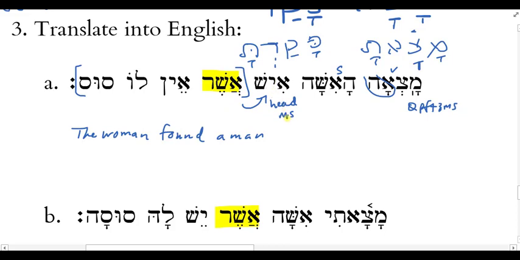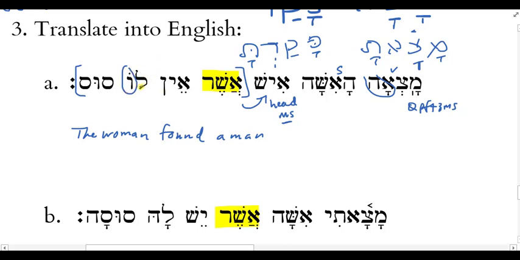It's going to be referring to the man, so it's got to be masculine singular, right? Okay, so the woman found a man, asher, who ein lo sus. There is not a horse to him. There is not a horse to him.